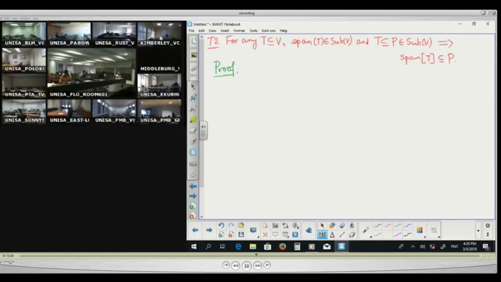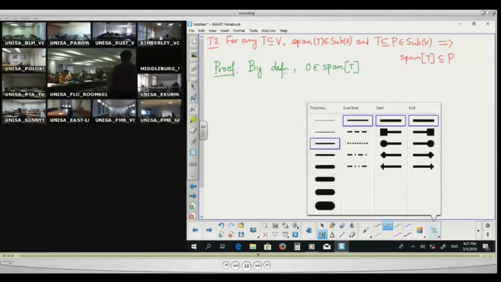Okay, so by definition, span of T is bigger than T and is a subspace of V.